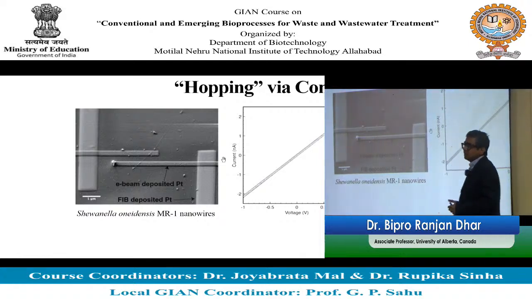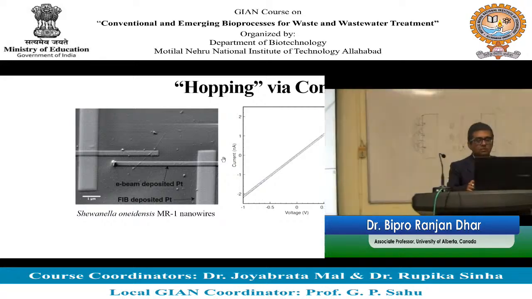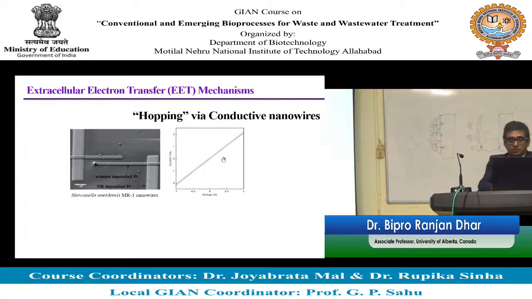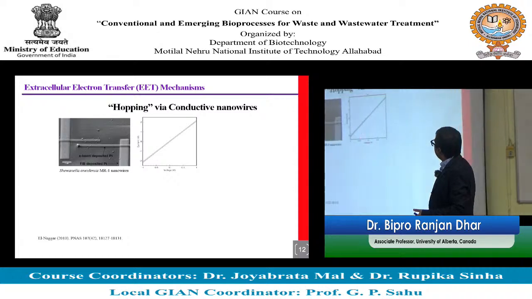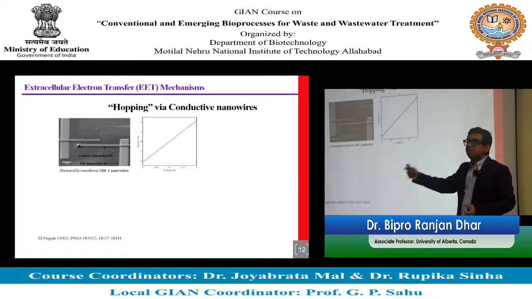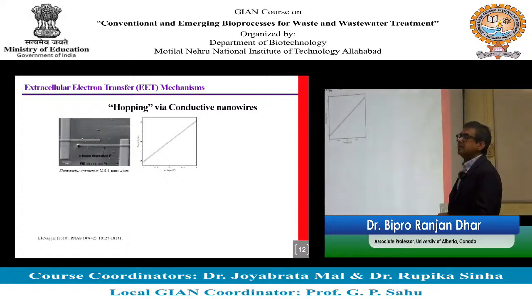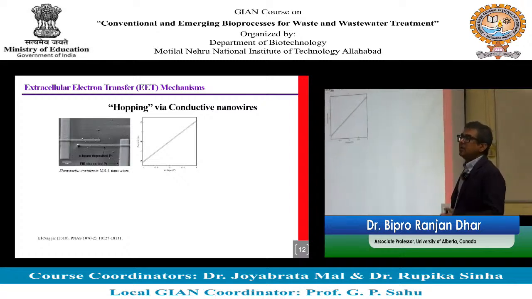This is a pili. Then they applied voltage, and again they found almost a similar pattern: with increase in voltage, current increases. That confirmed that Geobacter species and Shewanella species can both produce conductive nanowire.